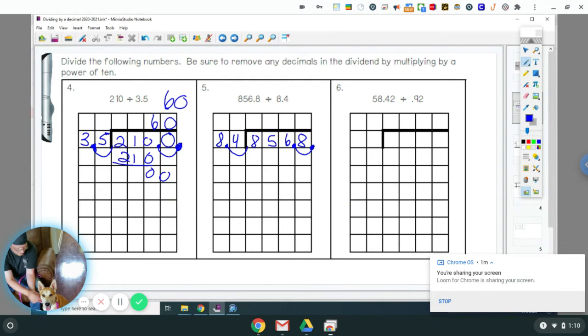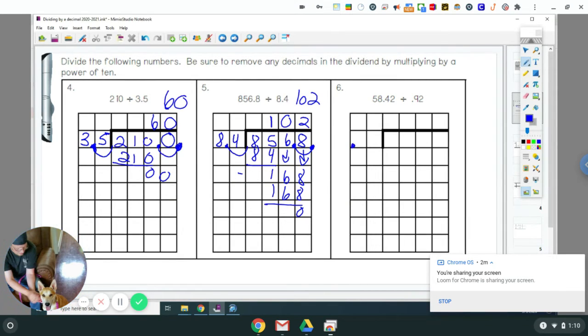So 84 goes into 85 one time. So you get 1. Bring down the 6. 84 can't go into 16, so it goes in there 0 times. And then you bring down the 8. 84 goes into 168 exactly 2 times, which is 168. So you get 102. All right, next one.